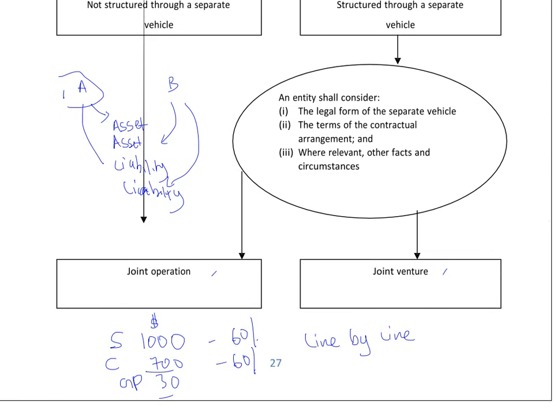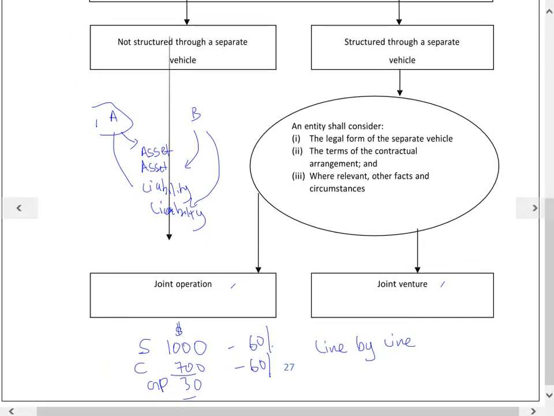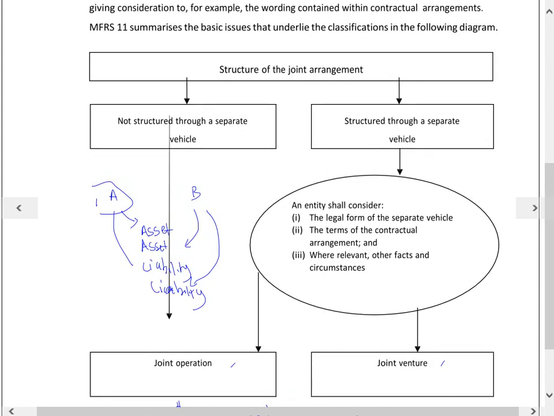Now, what happens if I structure through a separate vehicle? Means A and B, we set up a company. We call this the joint venture company, the JV.